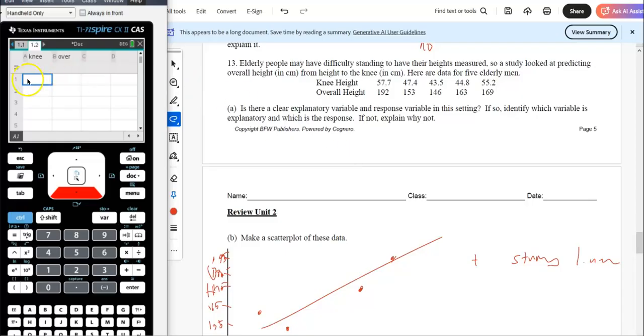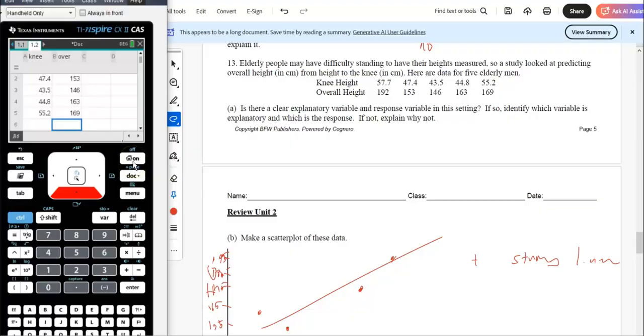So knee is 57.7, 47.4, 43.5, 44.8, 55.2. Fortunately, it's not that many numbers. Overall is 192, 153, 146, 163, 169. And hopefully I got them all in the right order. Okay, good.